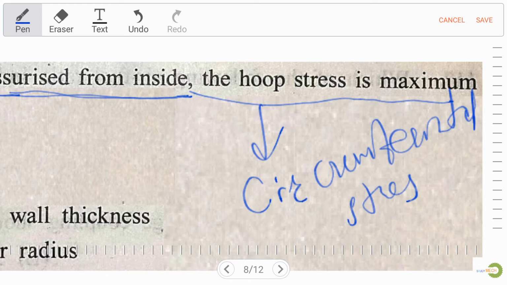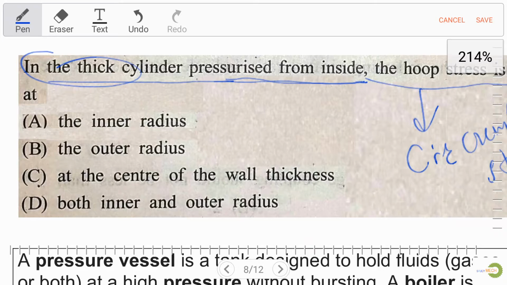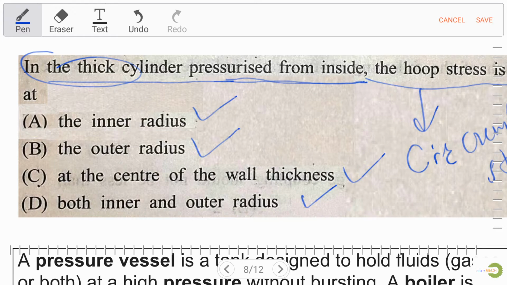Okay, now hoop stress is maximum at: option A, the inner radius, option B, the outer radius, option C, the center of the wall thickness, and option D, both inner and outer radius. So first of all, our right answer over here is option A, at the inner radius. Option A is our right answer.